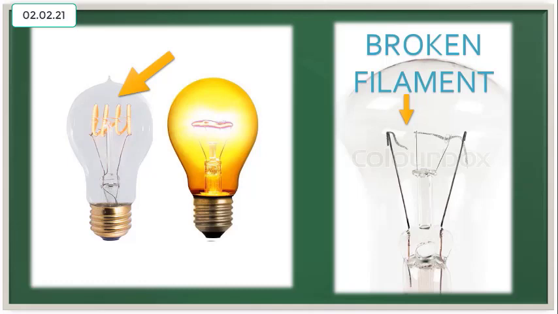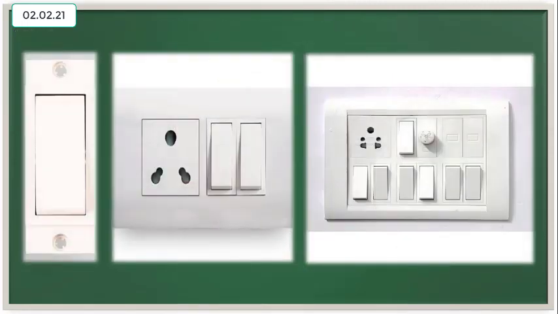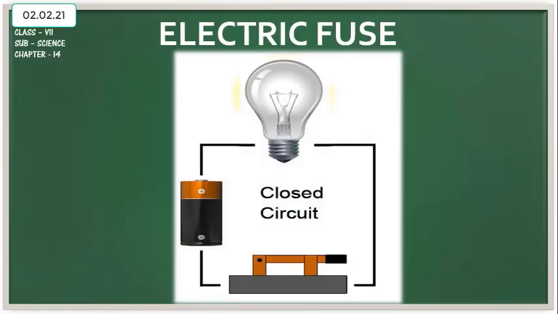When the bulb gets fused, then this filament breaks. The filament of the bulb is a part of the electric circuit. So, when the filament of the bulb breaks, the electric circuit also breaks. Under these conditions, the bulb will not light up even if the switch is in the on position or closed.